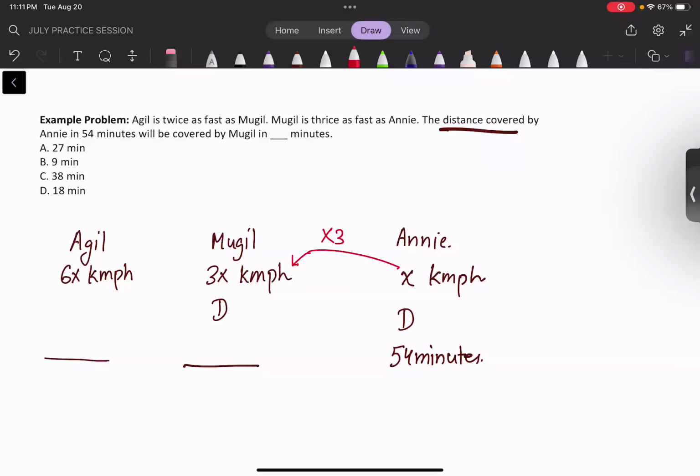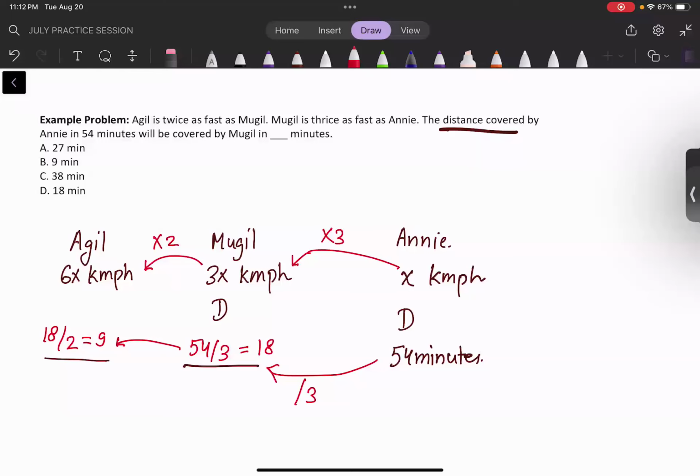Here the value is becoming 3 times, so time will become divided by 3. That is inverse. So 18. Now here the speed is becoming twice. So time will become how much? Speed and time are inversely related. If speed becomes twice, time will become half. So time will become half. That means 18 by 2 is 9.